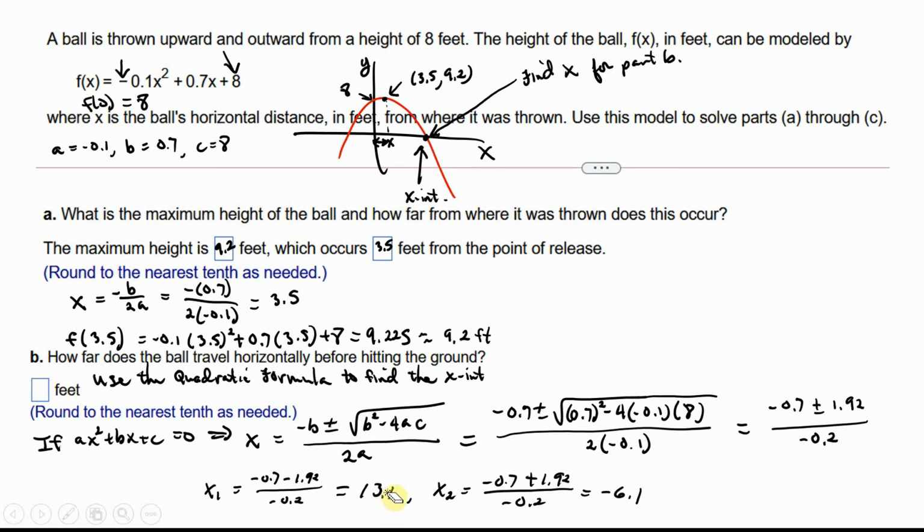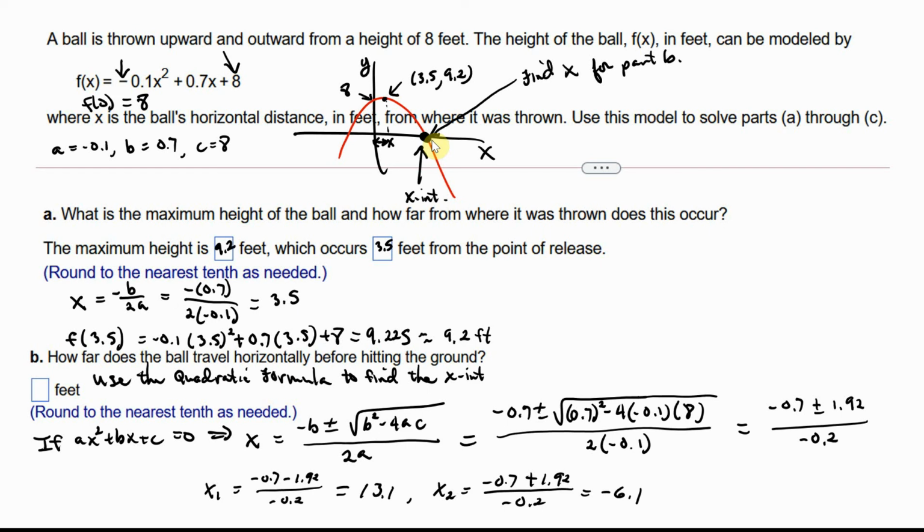So my question to you is, which of these x's is this point here? 13.1, right? Well, how come it's not the negative 6.1?